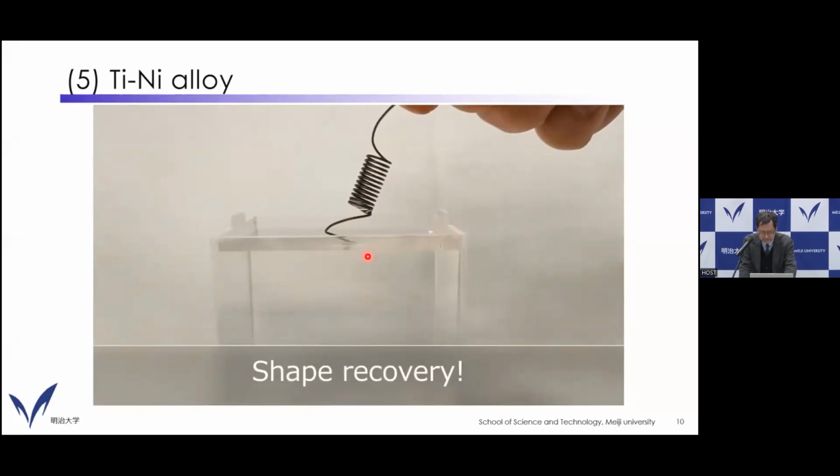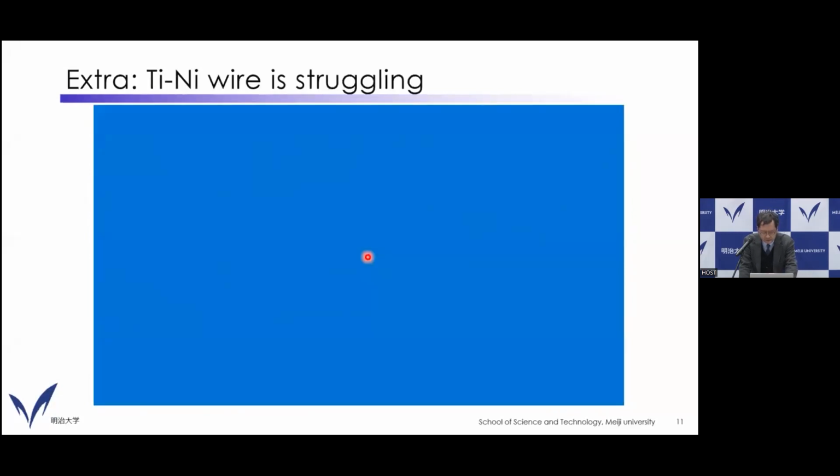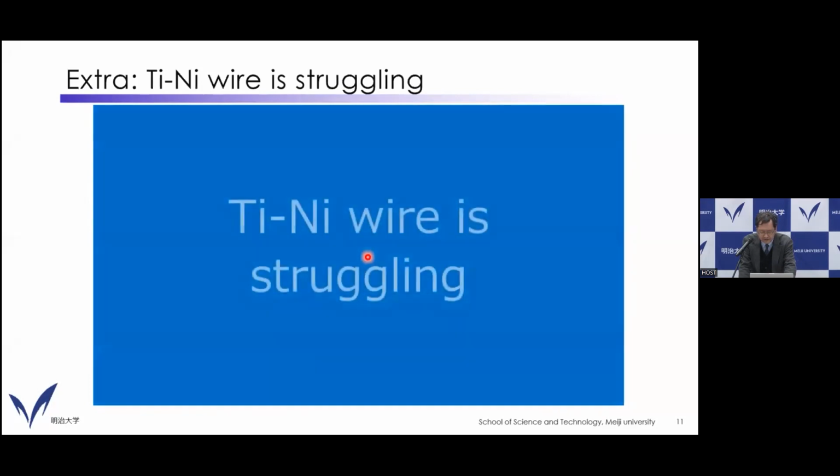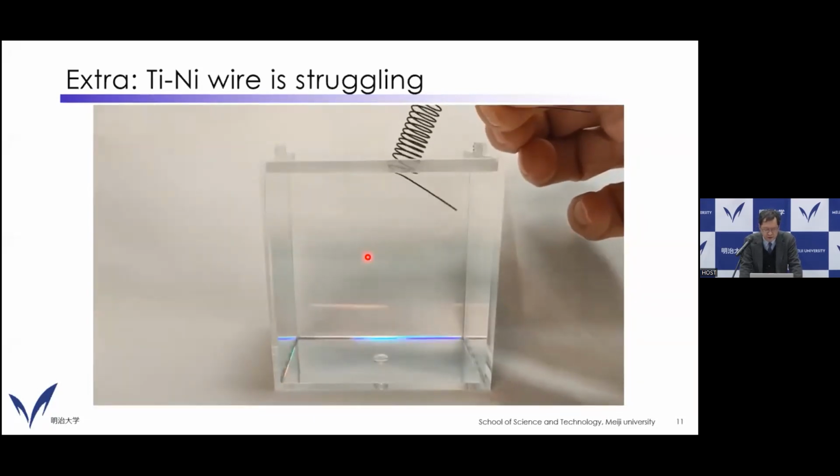Okay. This wire remembers a spring shape. Next, I show you the extra specimen, a spring made of the same alloy, titanium nickel alloy, but this is struggling like this.